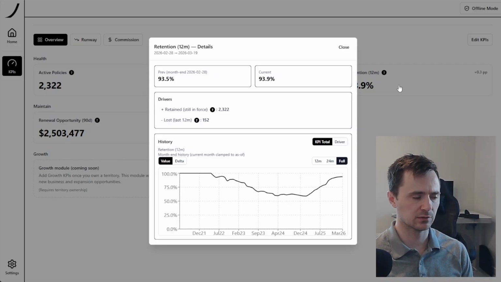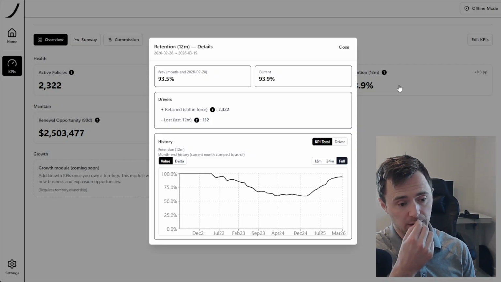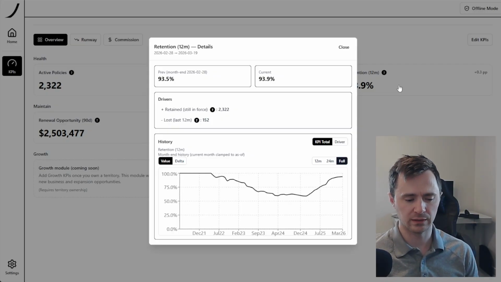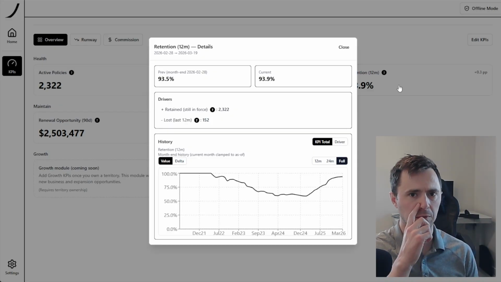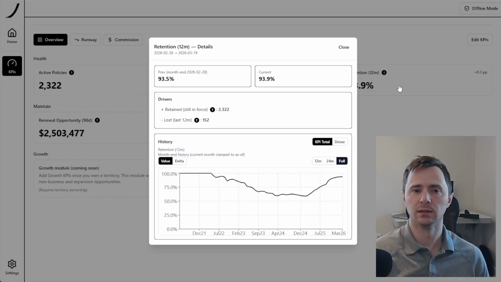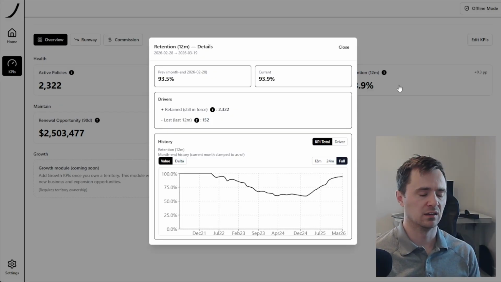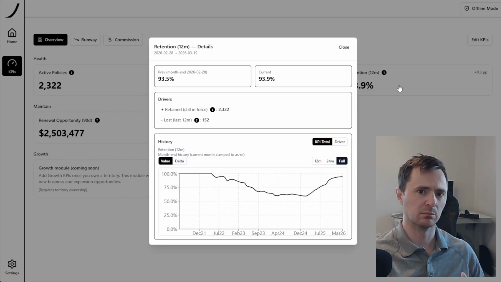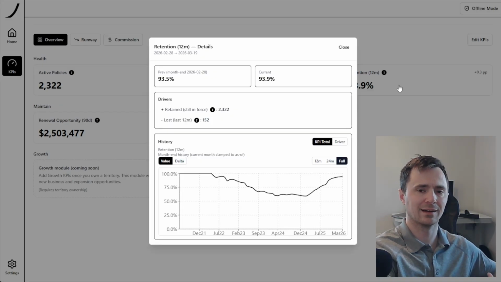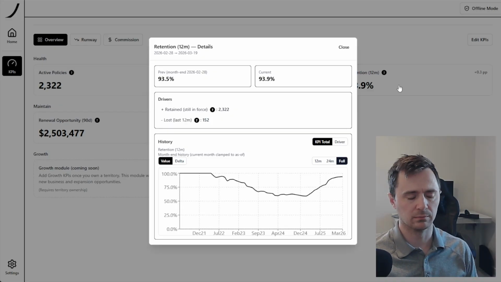Honestly, I'm indifferent toward both, but I do think the cohort-based might be aligned with how well am I retaining a group of policies that I write over time. And if that number is really strong for a long period, then that tells me my book, no matter how far back I wrote those policies, is really sticky.